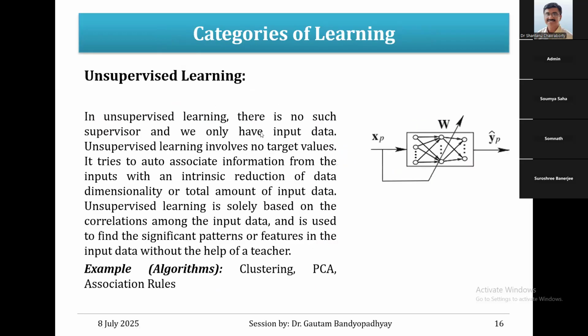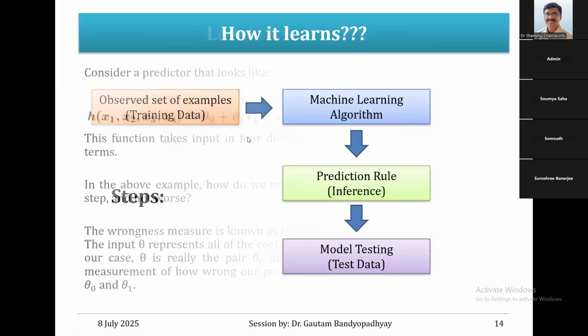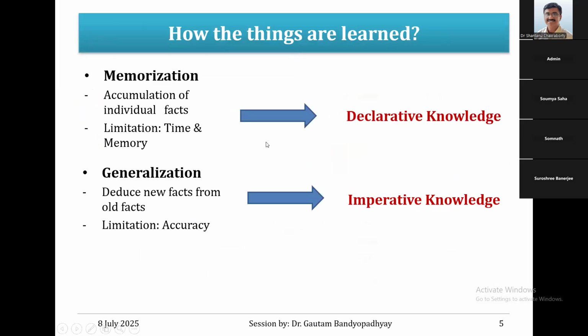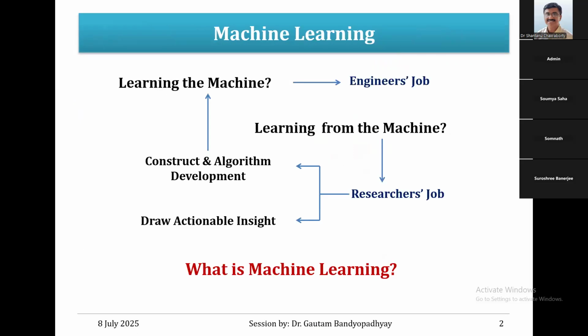Actually, machine learning you can call a concept as well as a procedure. This is a very interesting question you have asked me. If we go for learning the machine, that is basically the engineer's job: constructing an algorithm development for the machine.